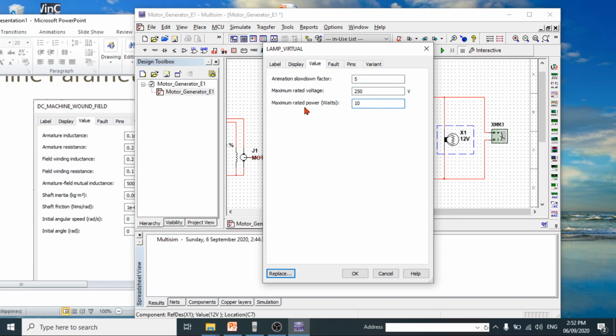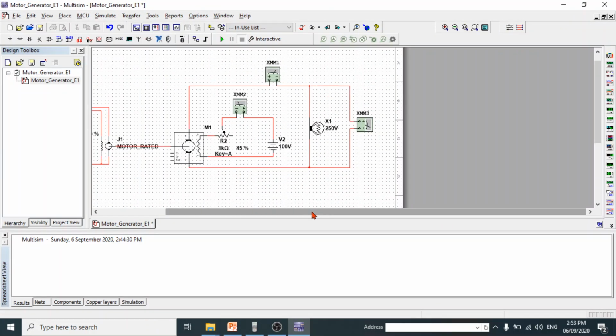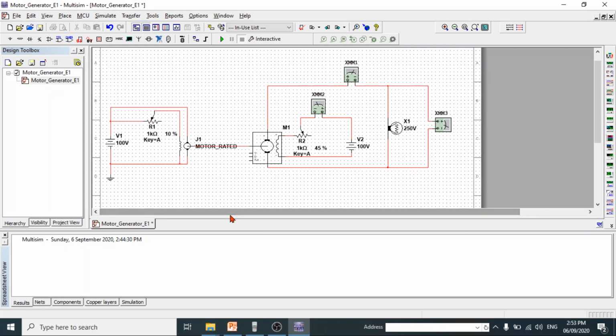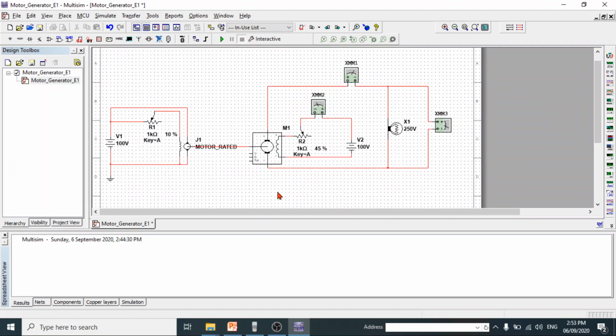The rated power of the lamp will start with 0 first, I mean 10, so 10 watts. Click OK, and then we are ready to simulate the loaded characteristic of the DC generator.